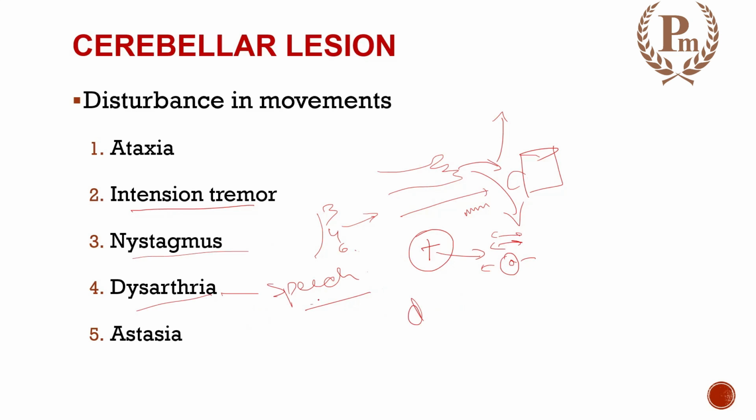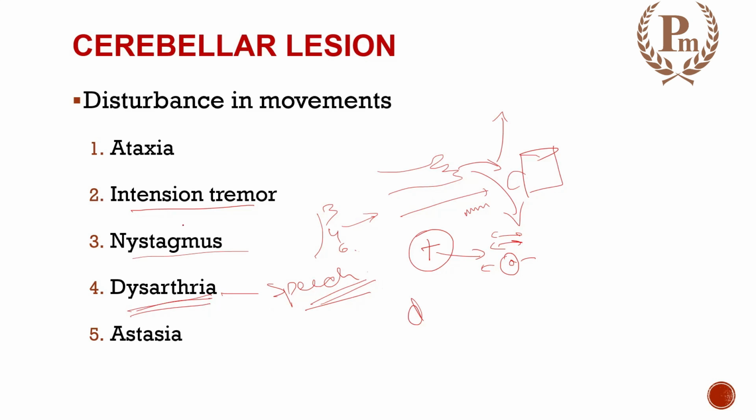Phonation is included, movement of the tongue is included, then respiratory regulation is included also. So since dysarthria is a coordinated movement problem, if there is a cerebellar lesion, we'll find that the person's speech is slurred. This is dysarthria, difficulty in speech. Fine.